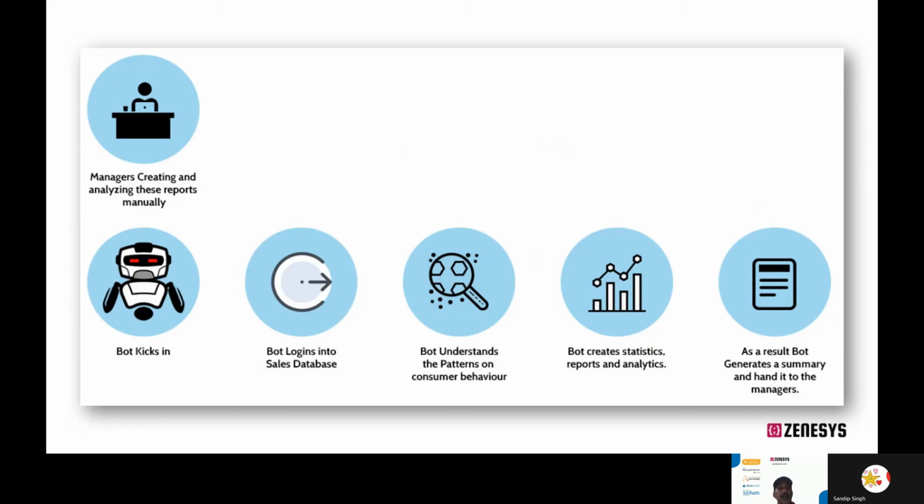So for this analytics, a lot of companies are using bots, and those bots can jump in and log in to their sales system. The bot can go grab and understand the pattern, give you the visualization, and finally create a comprehensive summary out of it. This means that managers don't have to spend too much time here.